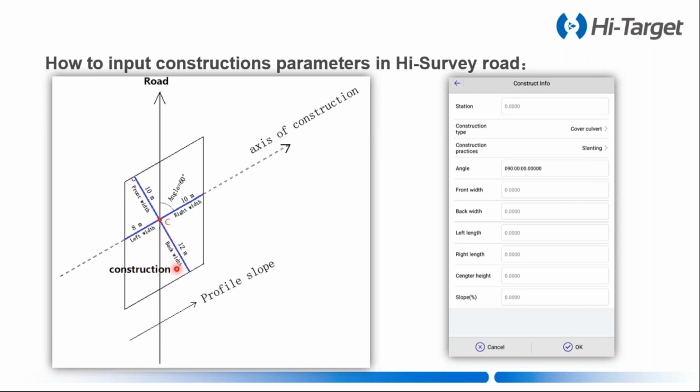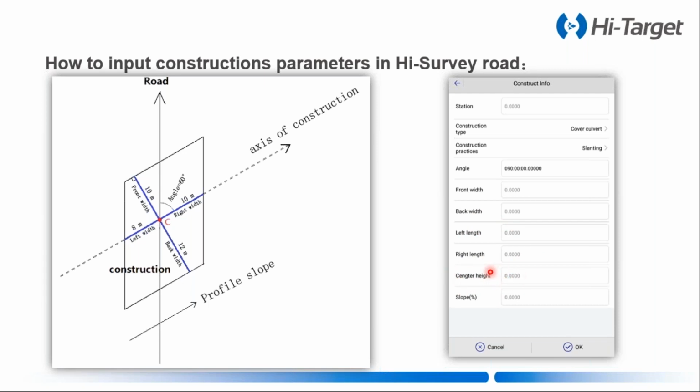And the blue line is perpendicular with the edge of this construction here. So you can see there is front width, back width, left width and right width. We just input these 4 widths into Highsurvey Road here. After that, we also need to input the center height.